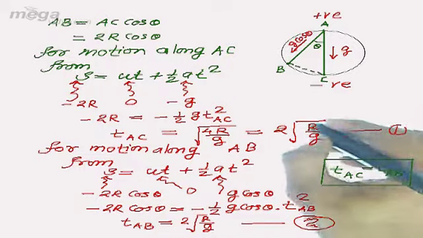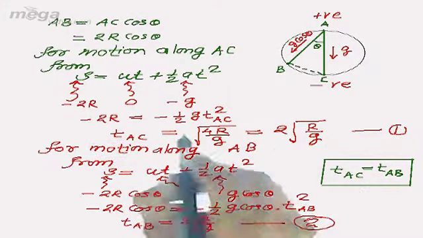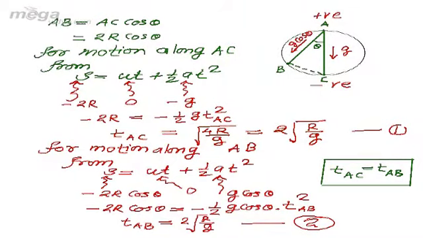Here, you can easily see the time taken to slide down from A to C and from A to B is the same and is equal to 2 times under root r by g. So, the result is proved.